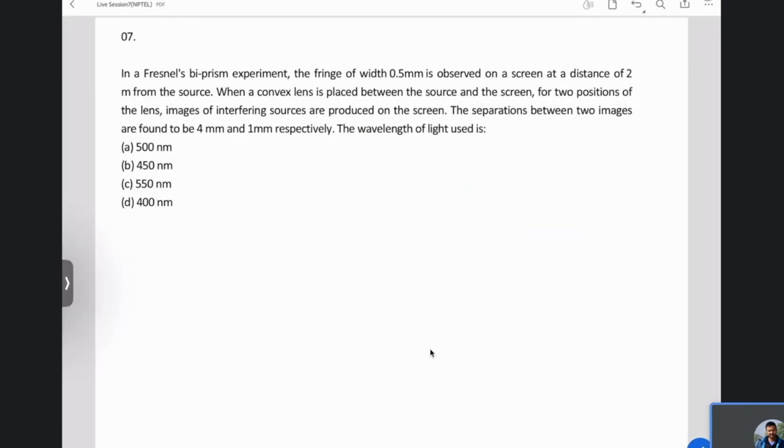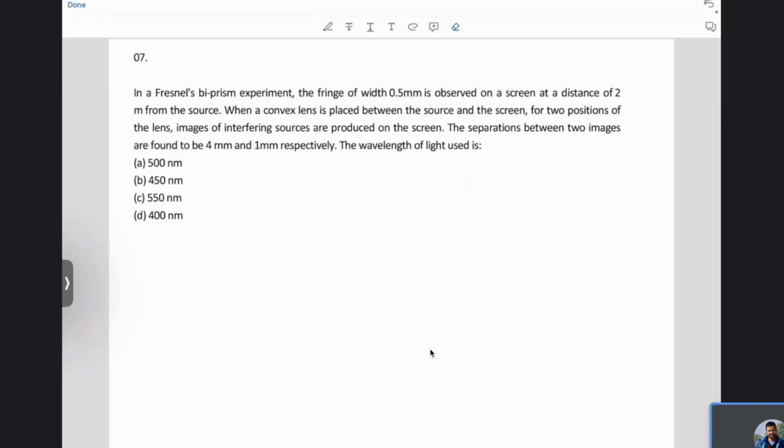Then we have this seventh problem. Here the question is, in a Fresnel biprism experiment, the fringe width 0.5 mm is observed on a screen. So here beta is given, which is 0.5 mm, and distance D is given, 2 meter from the source.